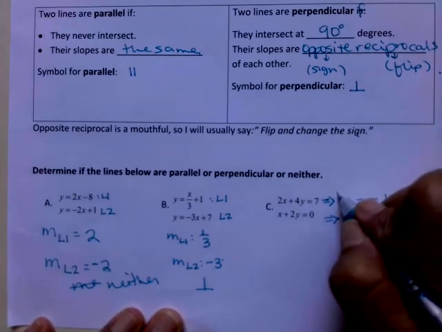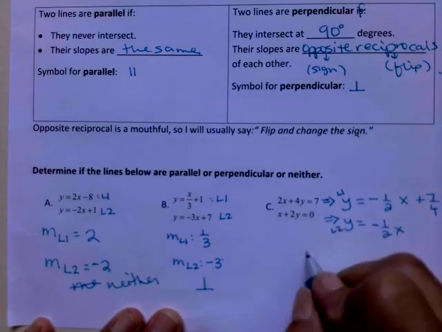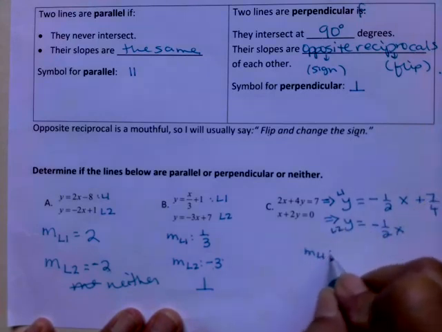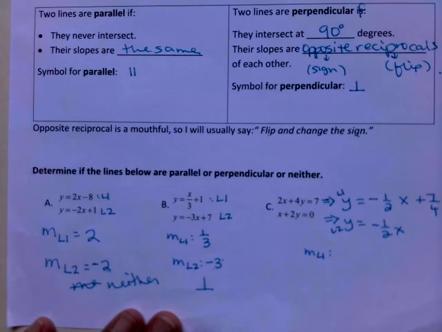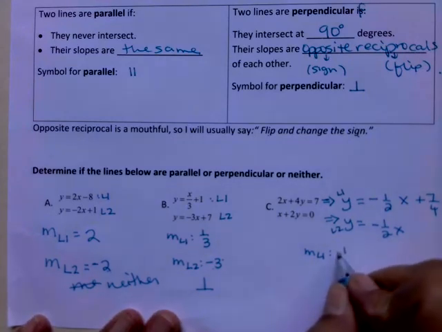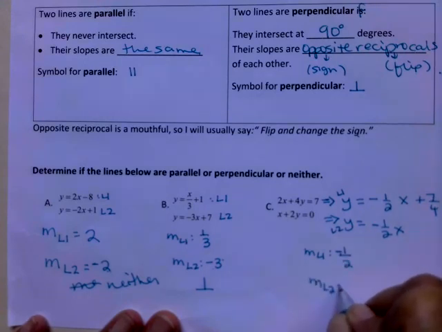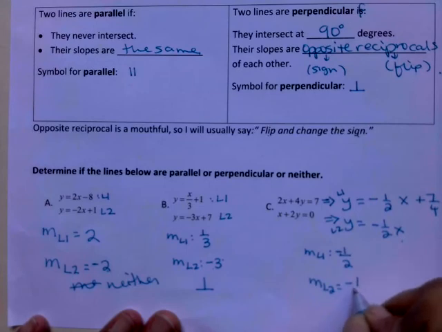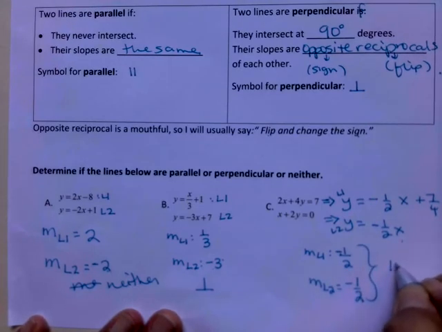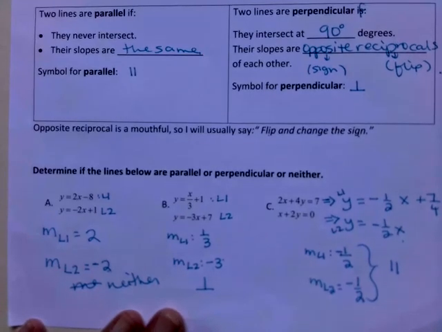So L1, L2. The slope of L1 is, my L1 keeps looking like a 4, sorry about that, negative 1/2, you're right. And the slope for line 2 is also negative 1/2. Since those two are the same, we'd say that those two lines are parallel.